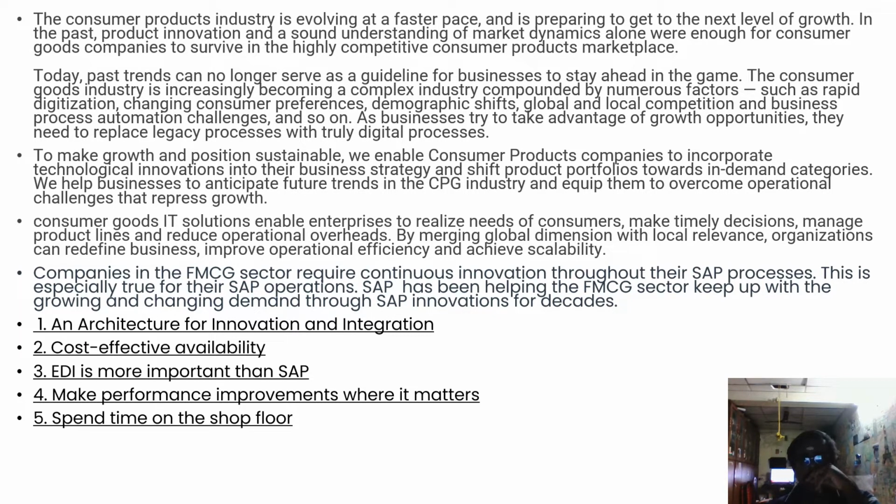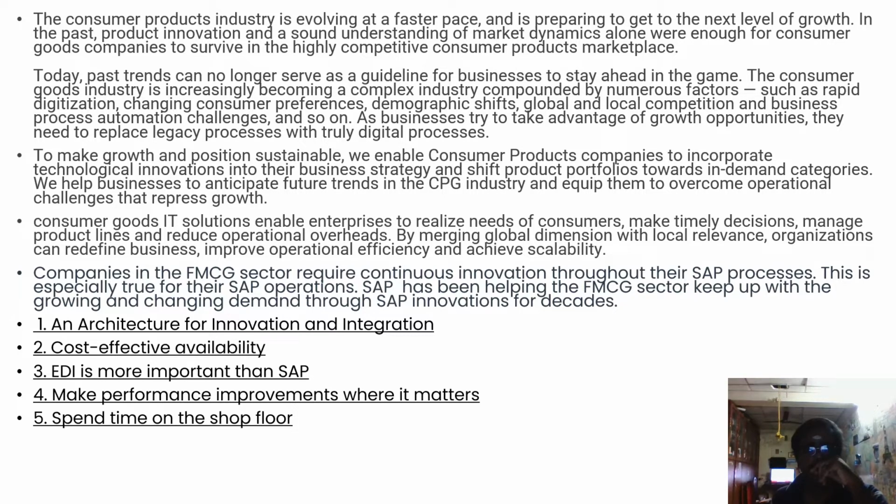To make growth sustainable, we enable consumer product companies to incorporate technological innovations into their business strategy and shift product portfolios towards in-demand categories. We thereby help the business anticipate future trends and equip them to overcome operational challenges and immediate market trends, catering to the immediate needs of end customers.